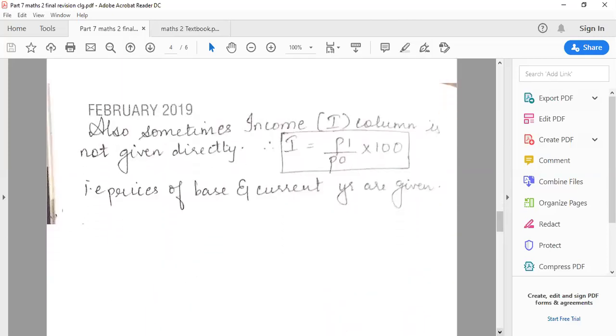So at that particular time, you have to calculate I by using the formula P1 upon P0 into 100. So those who cannot understand what this is going on, please refer to the previous videos, Exercise 5.3. First, listen to those videos. Then you will understand what exactly the formula revision we are doing right now.